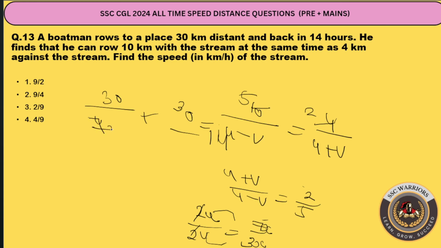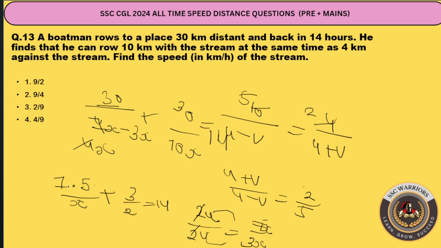So here it will be 7x minus 3x and 7x plus 3x, that is 10x. So it will be 4x, that is 7.5 by x plus 3 by x is equals to 14.